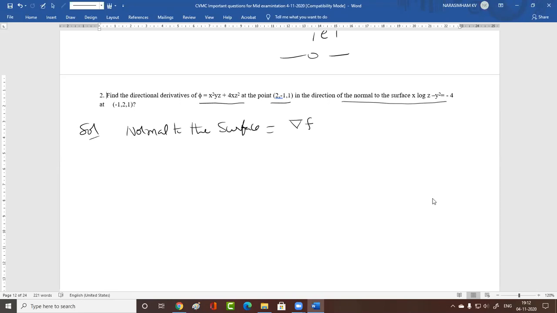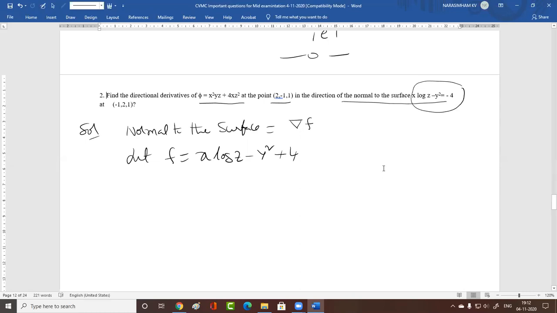In this problem, assume f equals x log z minus y square, and moving it to the left hand side, plus 4.